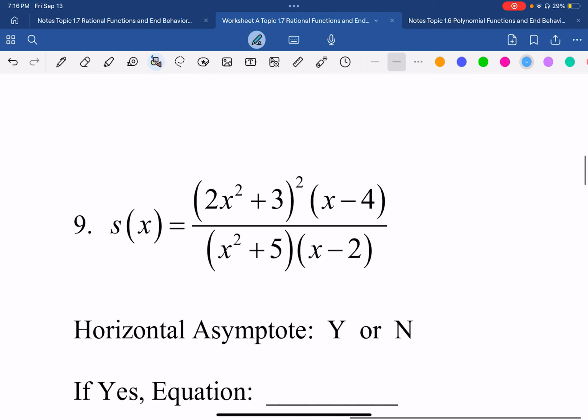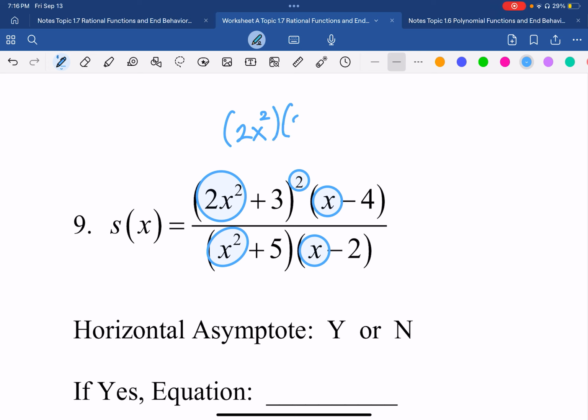Okay, let's do another one. Here the leading term is 2x squared, and that's being squared, and then in the second factor we have another x. In the bottom, we have x squared as the leading term and x in the second factor. So 2x squared is being squared, so I'm going to multiply it by itself, and then I have another x in there.